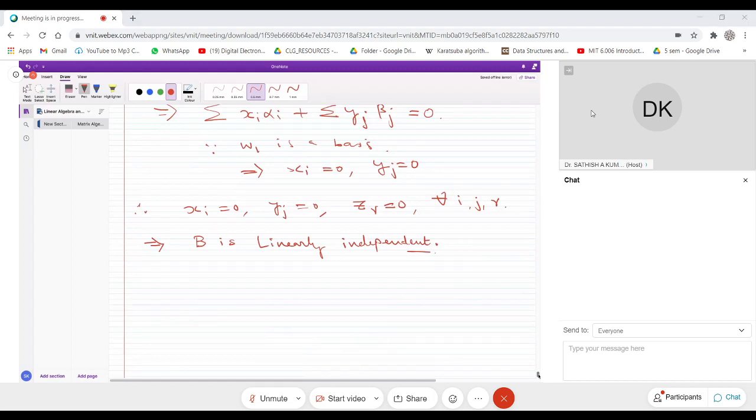So B is a spanning set, and B is a linearly independent set. Therefore, whatever B we have considered, B is a basis.